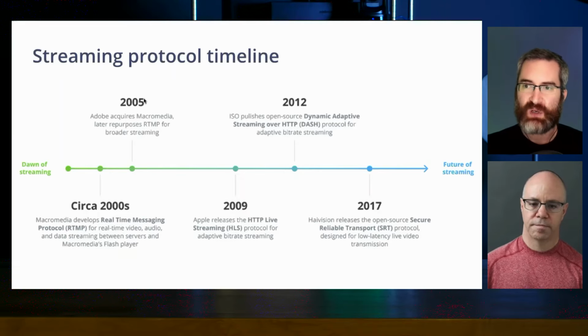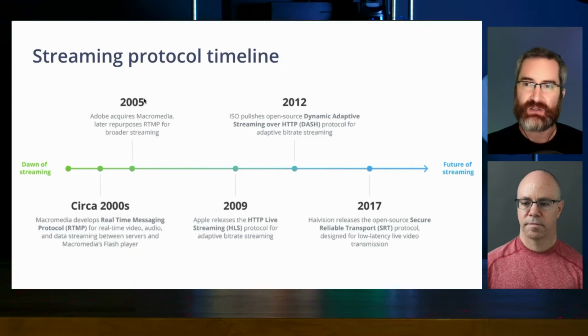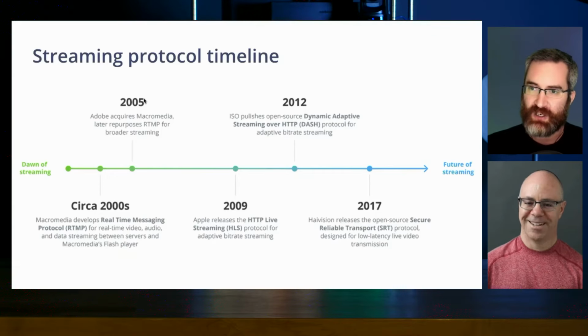So RTMP predates that by nearly a decade. So in terms of the way we view the internet today and internet-based content consumption today, it's kind of archaic. It's from a bygone era almost, which, for the older viewers, 20 years ago doesn't seem maybe that long ago, but in terms of the internet, it's ancient history.